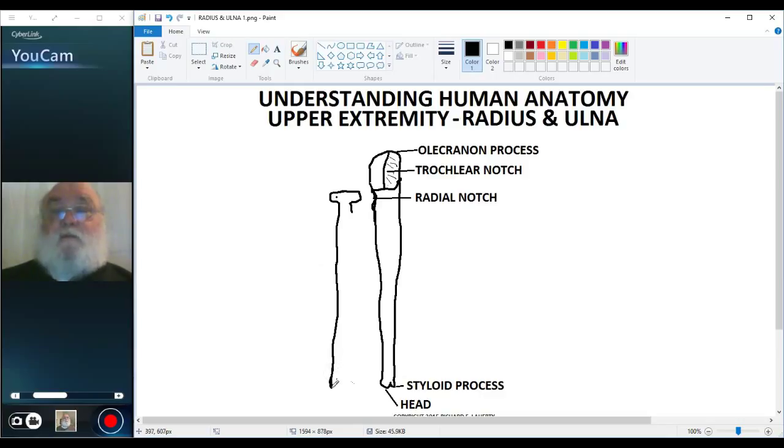Go again with the styloid process, and then we have a rather broad articular surface and another groove, and then the radius ascends up, and then the radius has an elevated area right here, and this is the radial tuberosity.